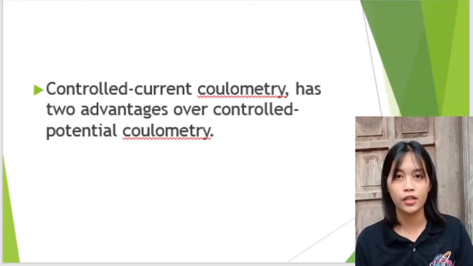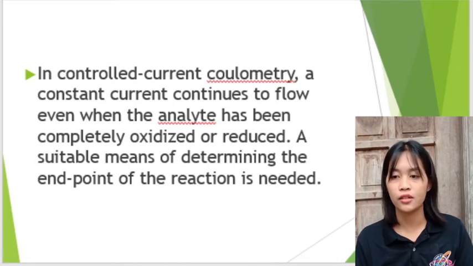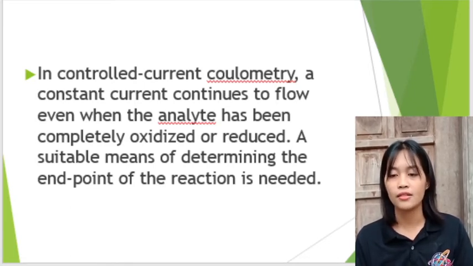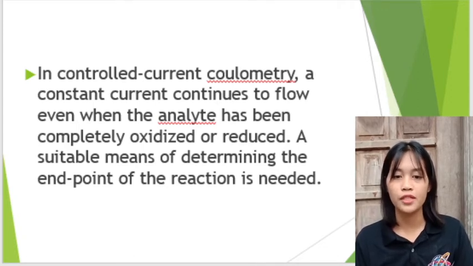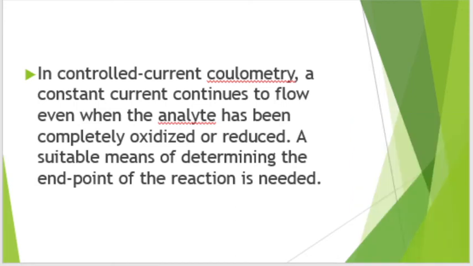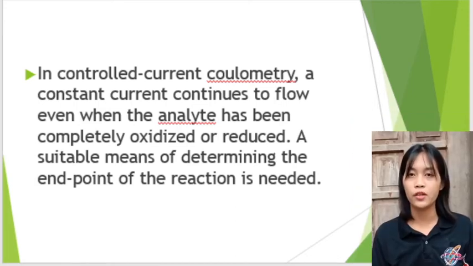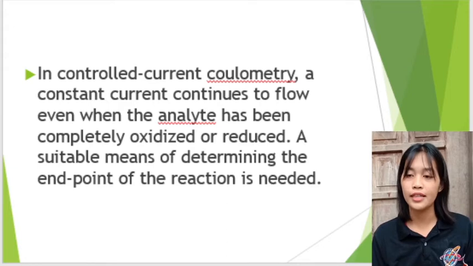In controlled current coulometry, a constant current continues to flow even when the analyte has been completely oxidized or reduced. A suitable means of determining the endpoint of the reaction is needed. We can use the endpoint for redox titration, visual indicators, and potentiometric or conductometric measurements to signal the end of the controlled current coulometric analysis.